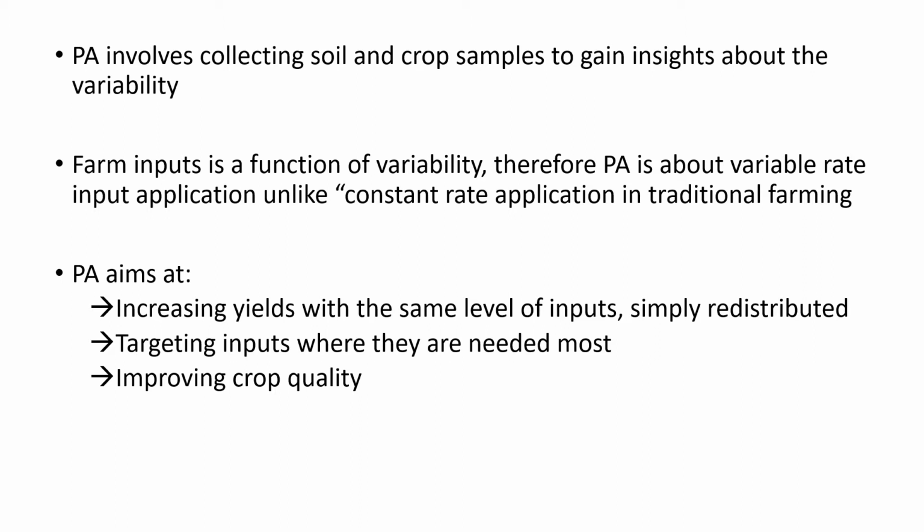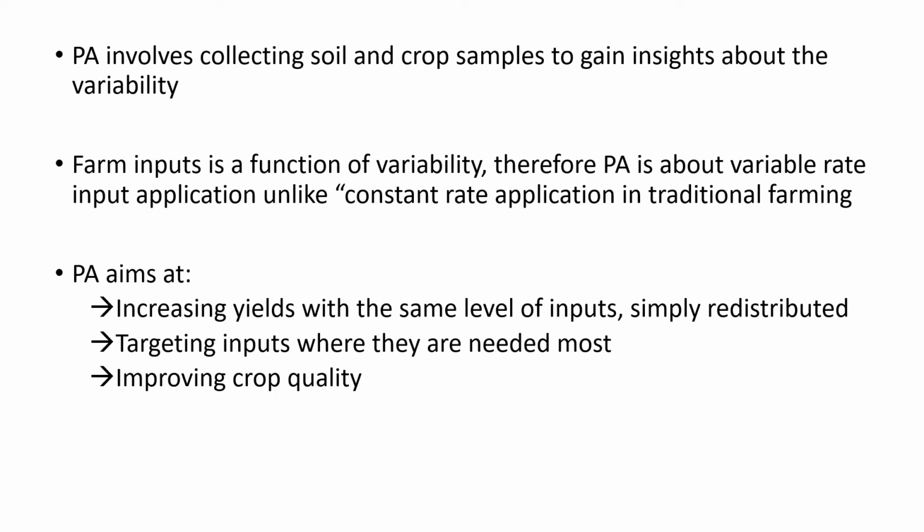Now, farm inputs are a function of variability. Therefore, precision agriculture is about variable rate input application, unlike constant rate application in traditional farming setups. So, precision agriculture aims at three things. One is increasing yield with the same level of input, simply when you have inputs redistributed.